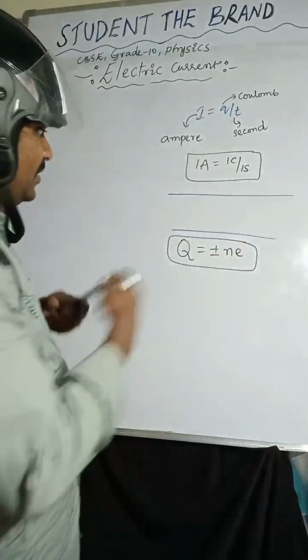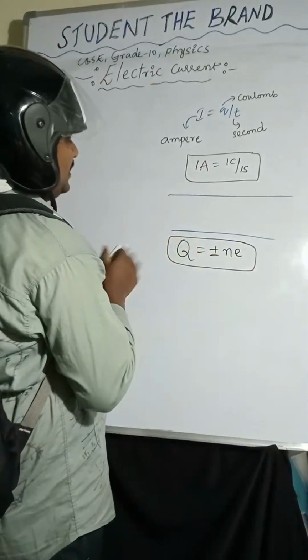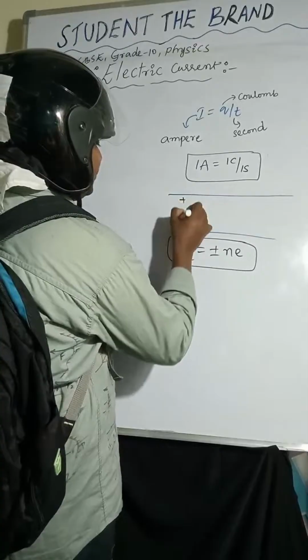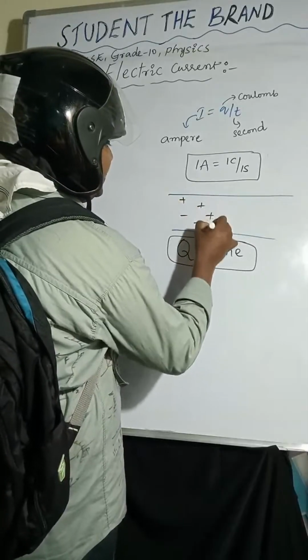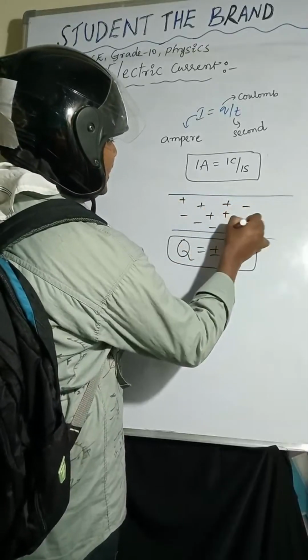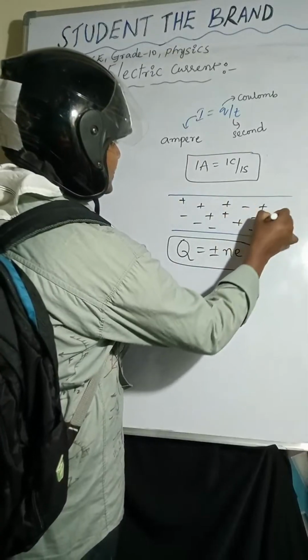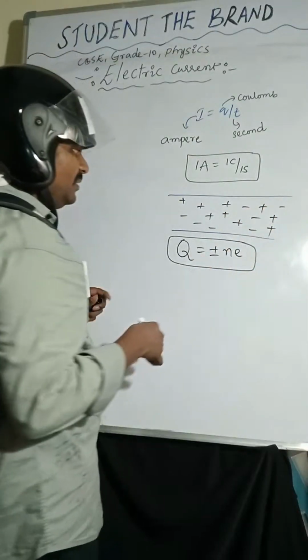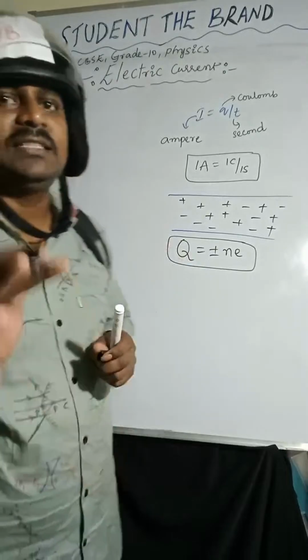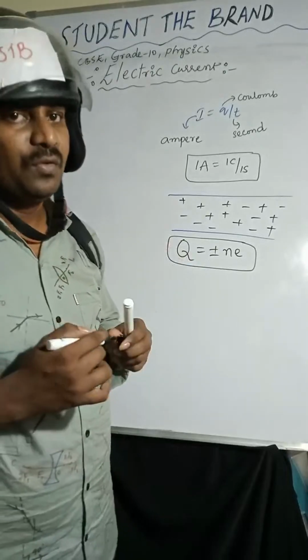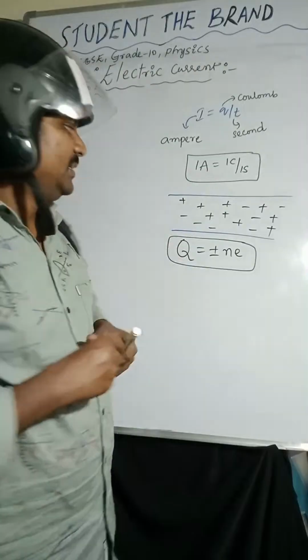Only then can we say current is flowing inside of the conductor. That is Q equal to plus or minus Ne.